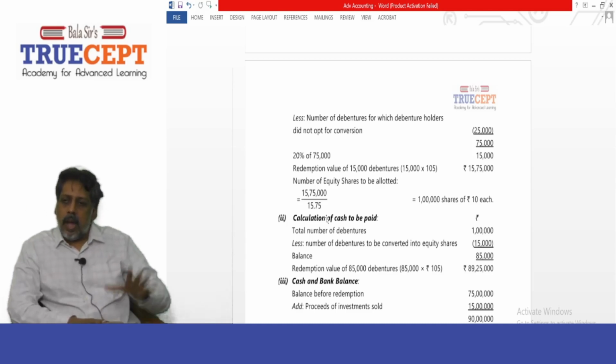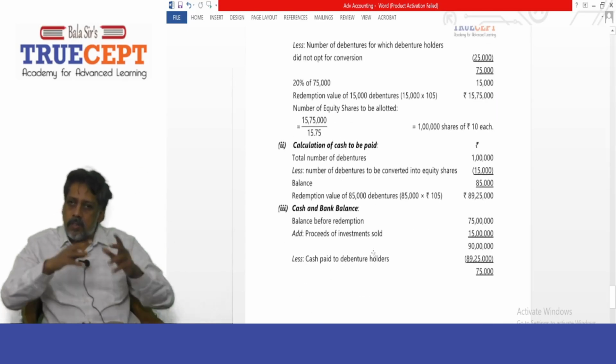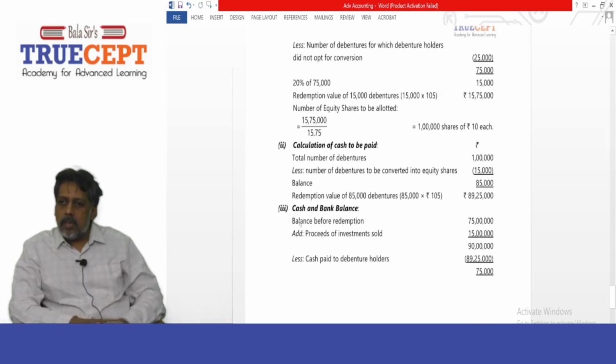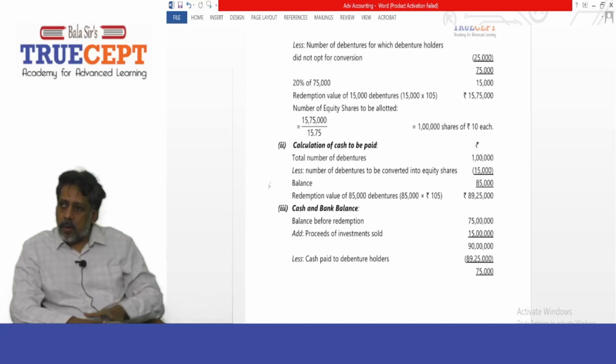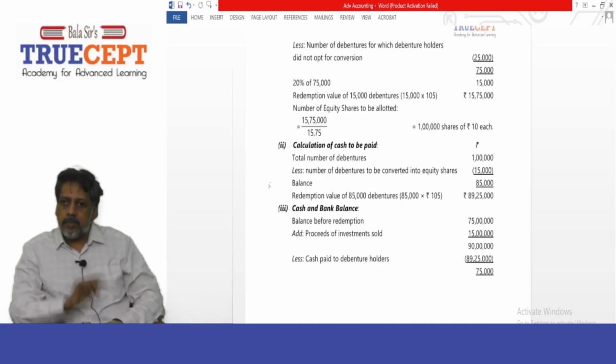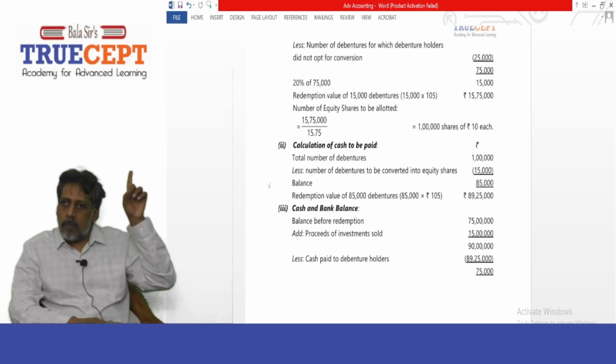And then the second working will be, you have to find the debenture holders to be paid in cash. So what is the cash outflow on redemption? That is repayment. Very simple. Out of 1 lakh debentures, we know 15,000 debentures have been converted. So what is 1 lakh minus 15,000?